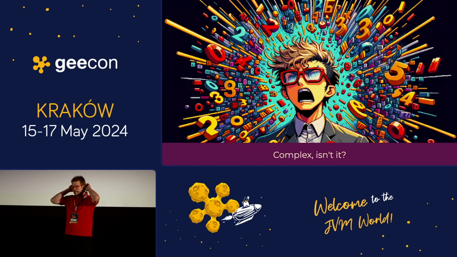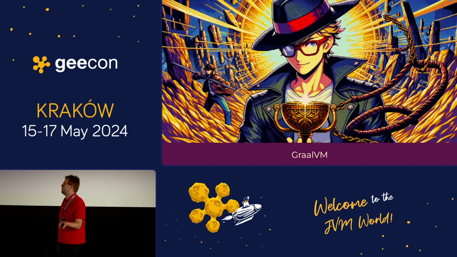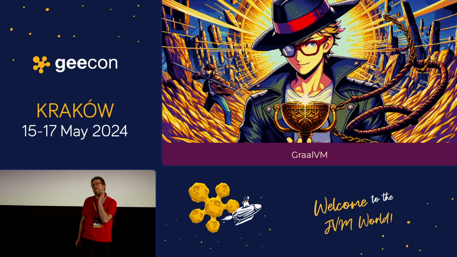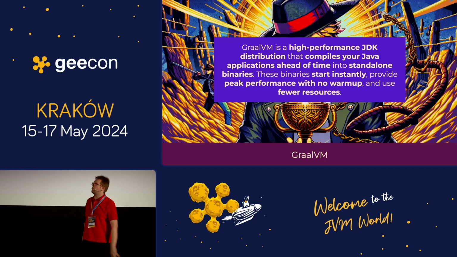That's why JIT compilers are not introducing a lot of changes between versions, because it's really hard and the process is quite complex. That's why GraalVM is such an interesting project. This is the description directly from the GraalVM web page: GraalVM is a high-performance JDK distribution that compiles your Java application ahead of time into standalone binaries.